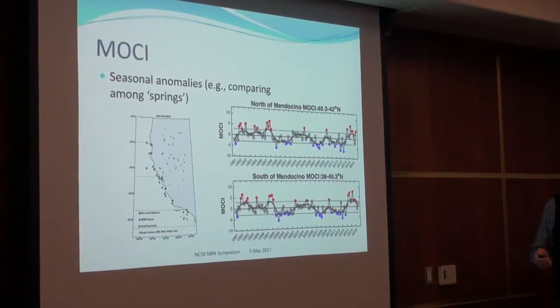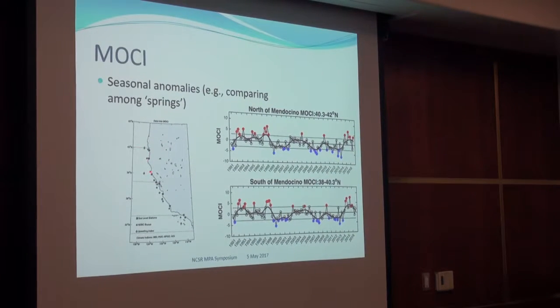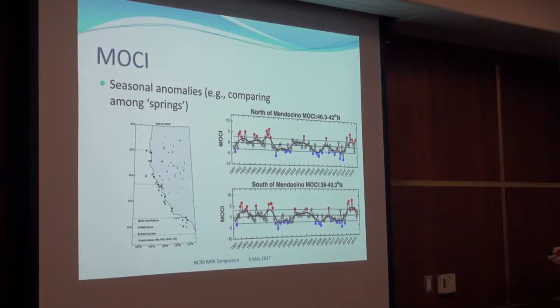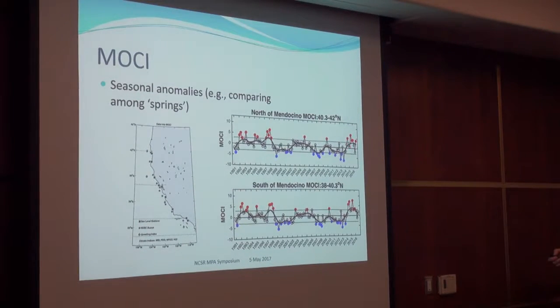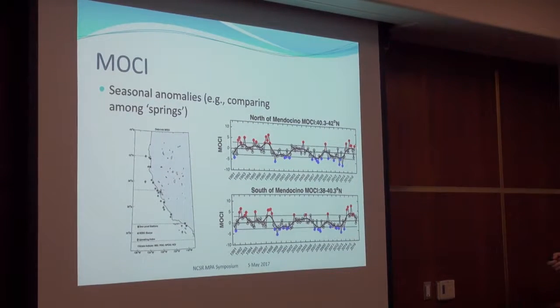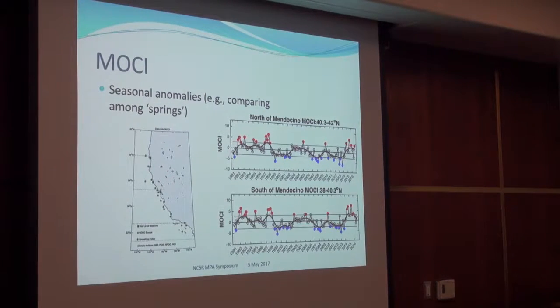Otherwise, no. But these do capture also some regional variability. For instance, the marine heat wave seems to be a little bit stronger or have a more profound and ongoing effect north of Mendocino. That's the cutoff, right about there, than south of Mendocino, and that may have to do with where atmospheric structures are sitting.